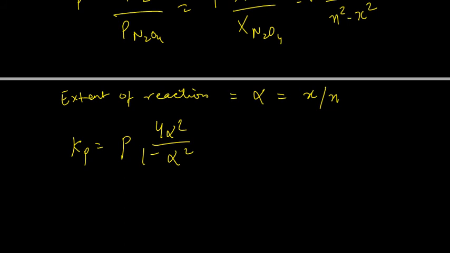I could have taken 2x, it doesn't matter, but I took x because at the end I want n by n, so the extent of reaction is 1 at the end. That's why I divided by the stoichiometry.